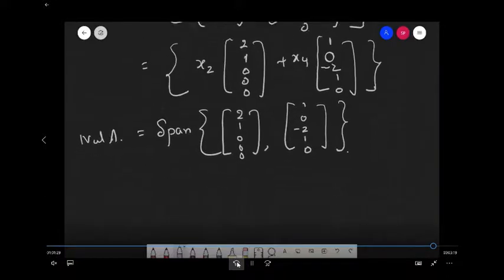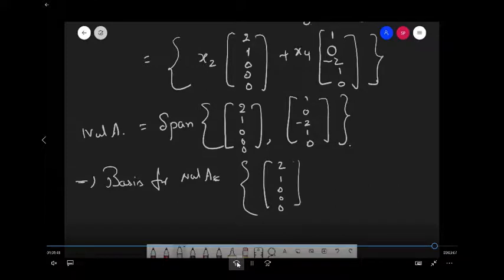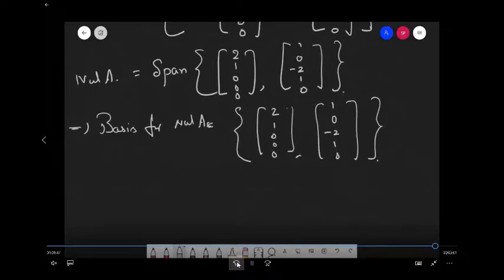This is null A. Now, the next question: what is the basis for null A? The basis for null A is equal to the set containing these two vectors. See here, the entire null A is the span of two vectors, which is an infinite vector space, but a basis is a finite set. So the dimension of null A will be the number of vectors in the basis.